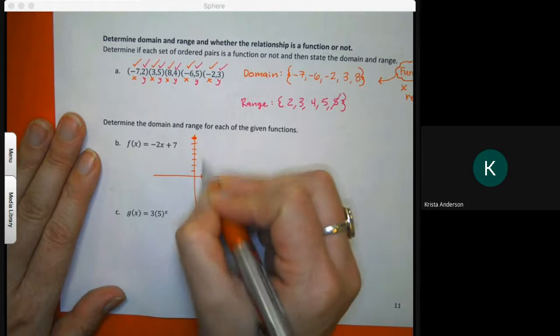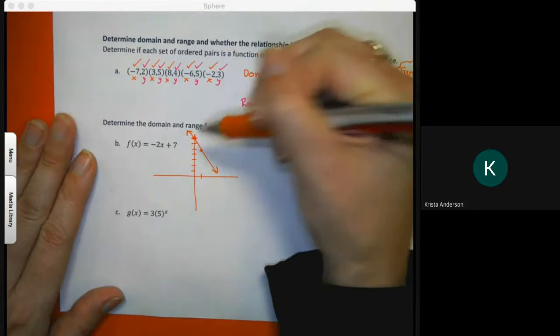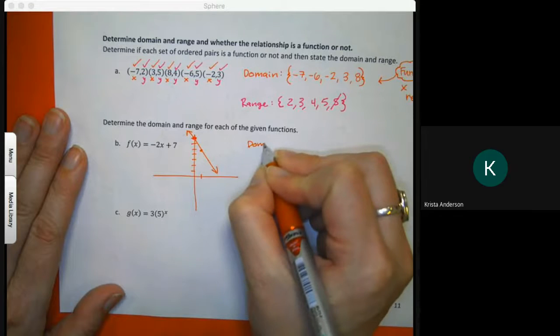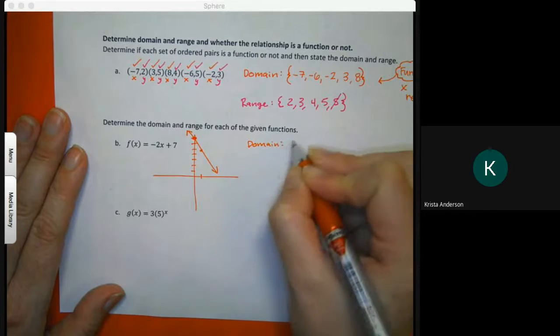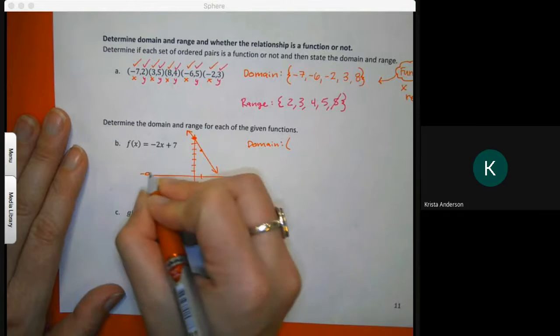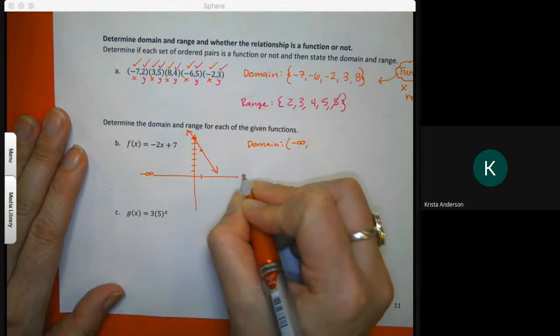And it goes down to the line. So my line on my graph looks like this. That means for my domain, it continues to the left, which would be -infinity, and it continues to the right, which would be positive infinity.